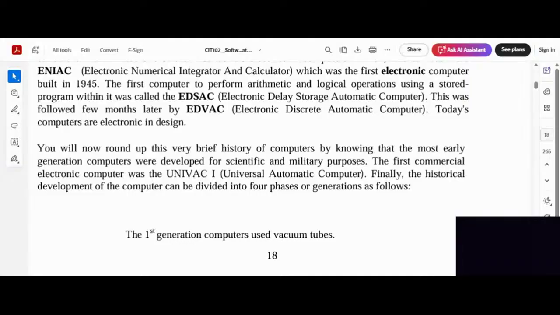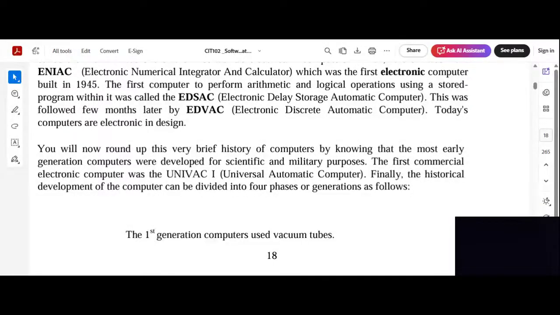So science and the military were the purposes for the development of most of the computers in those days. The first commercial computer, the one not meant only for science and military, the one that can work like a business computer, was the UNIVAC, Universal Automatic Computer. The UNIVAC 1 was the first commercial computer.